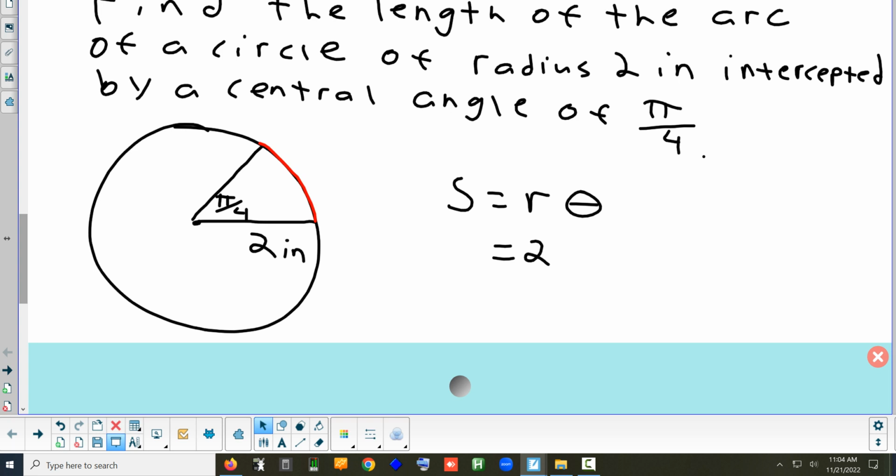What about the pi over 4? That would be theta. Yep. So pi over 4. So my arc length is equal to 2 pi over 4. And what does 2 pi over 4 reduce to? Pi over 2.